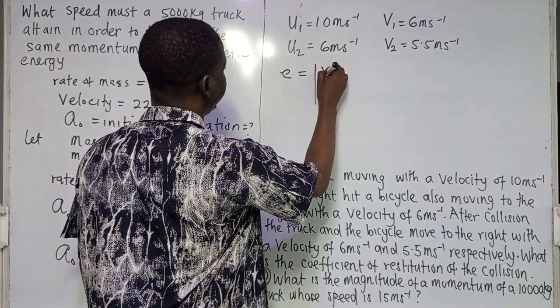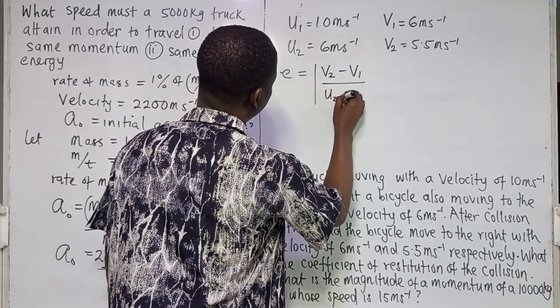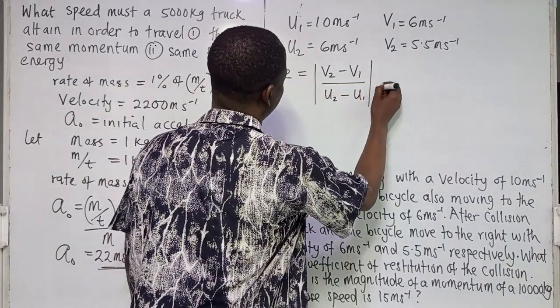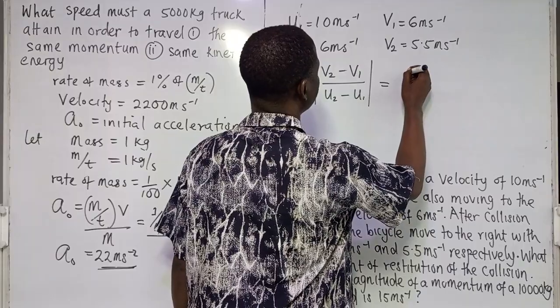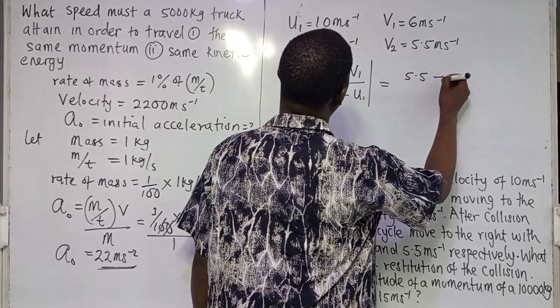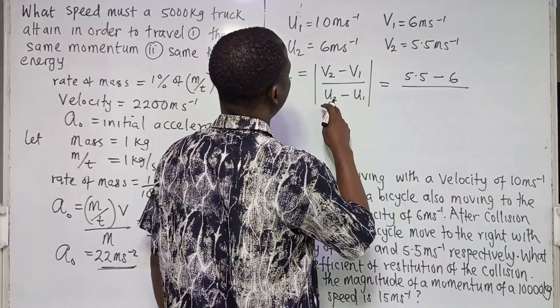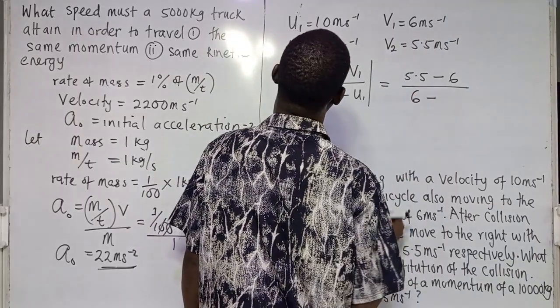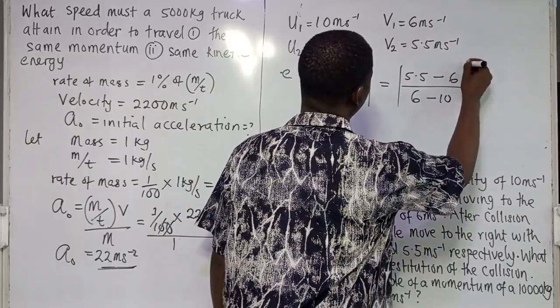It's equal to the absolute value of V2 minus V1 over U2 minus U1. Let's not forget the absolute sign. So that will give us V2 is 5.5, V1 is 6, divided by U2 is 6 minus U1 is 10, absolute.